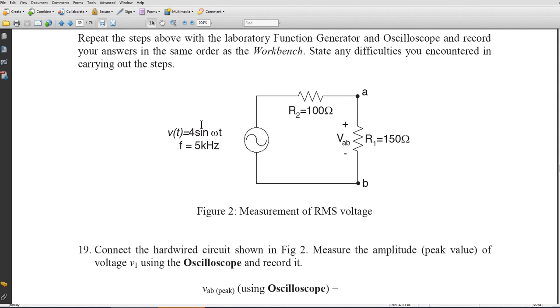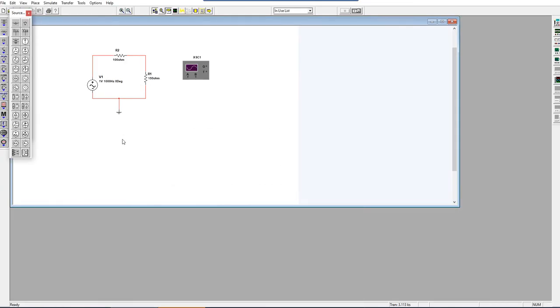We should do the same, because these are the two channels. We cannot connect A here and B here, this is not like positive and negative, these are two channels. So I will connect one channel, and the other channel I don't need. The other ground I will just place, and that's it. So this is the setup.